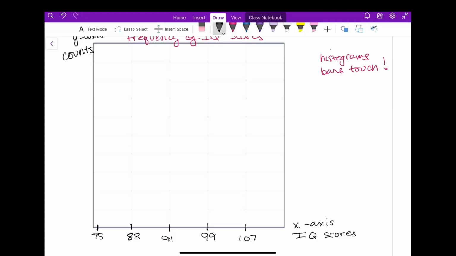I'm going to start off a little bit away from the bottommost line, and we're going to start with 0. I'm going to go every 2. 2, 4, 6, 8. And I went up to 8.